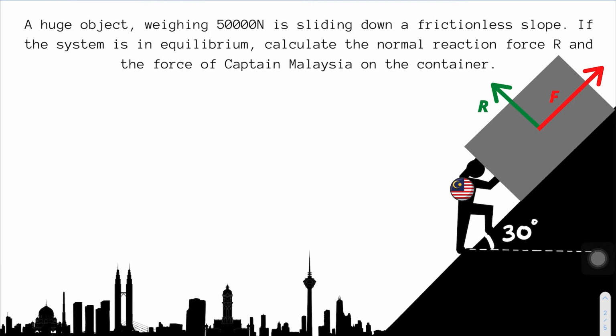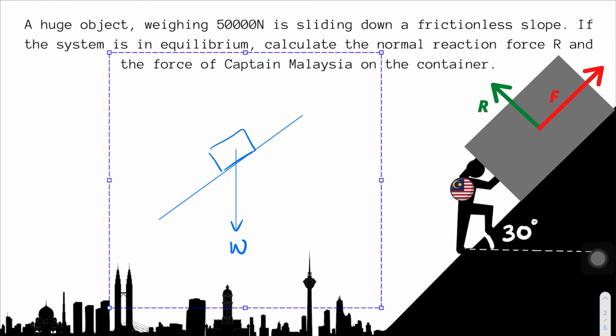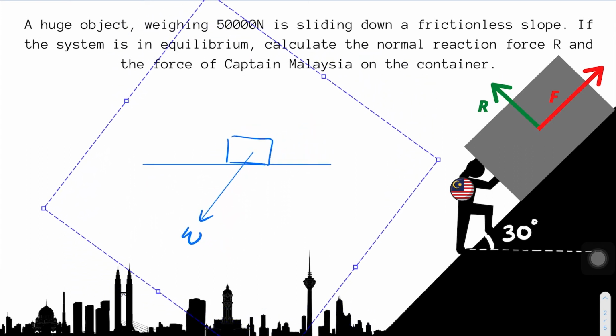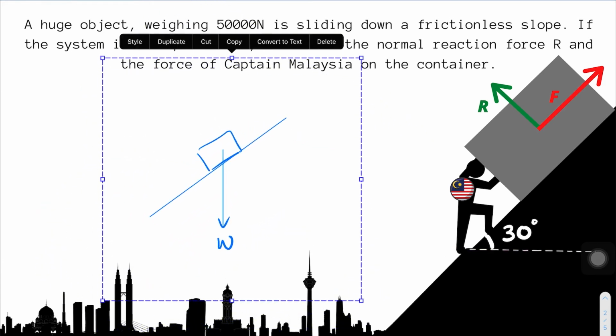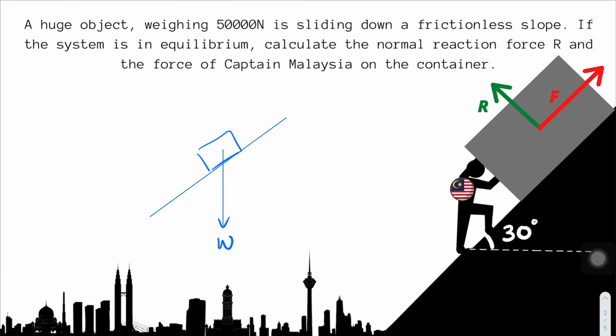Now, the thing to remember about objects on slopes is that their weight, because of gravity, is always pointing downwards. Imagine that the slope is like our normal floor. Then the weight would seem to be at an angle to our slope. So we can resolve this weight into two components.